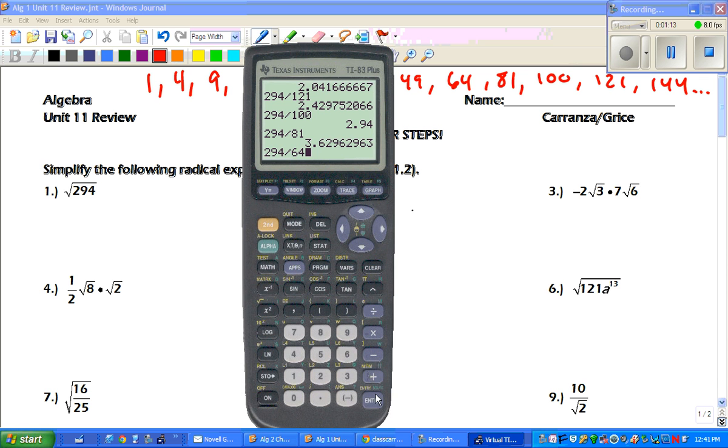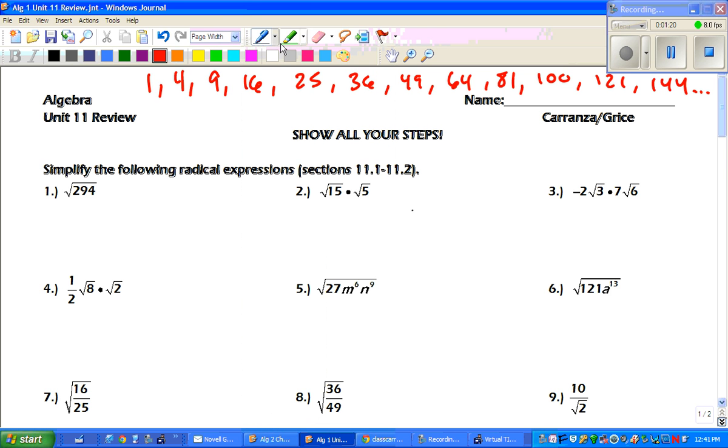After 81 is 64. Nope. 49. Yay, we got something that works. So, we're going to break this down into 49 times 6. And then we take the square root of 49, which is 7. And then the root 6 stays in there.